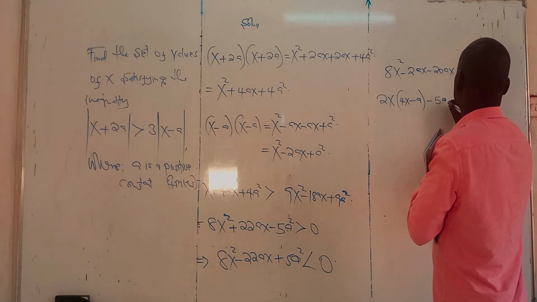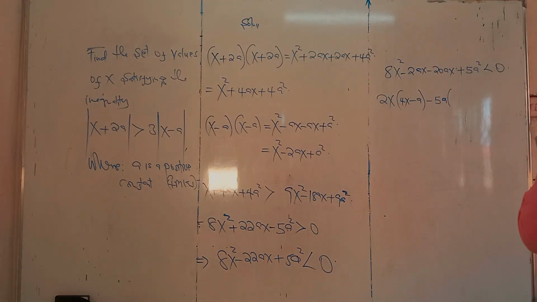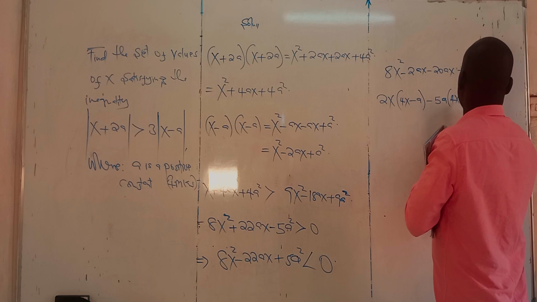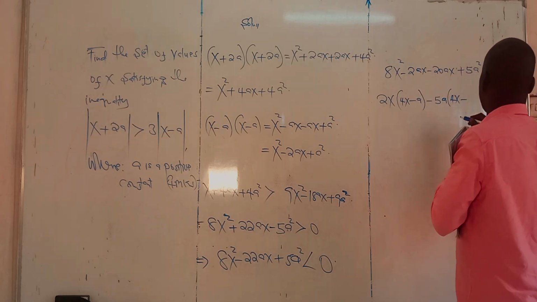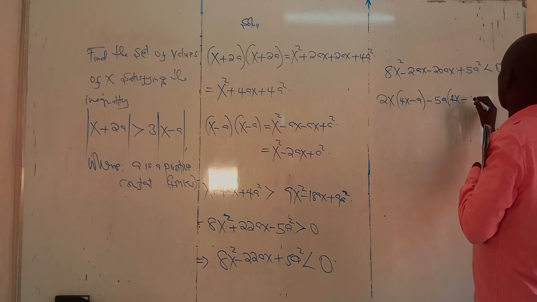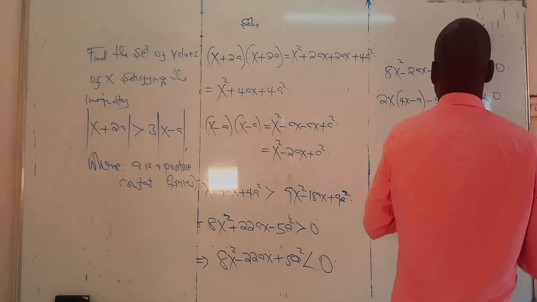So I factorize 5a. If I factorize 5a, this will be 4x minus a, less than 0, like that.